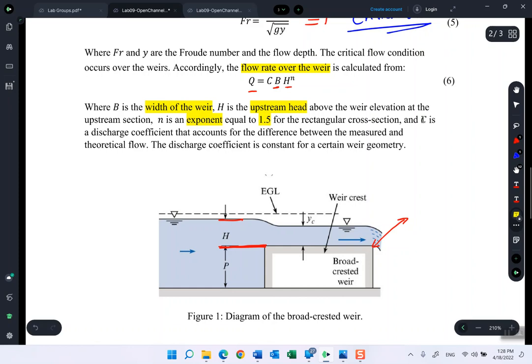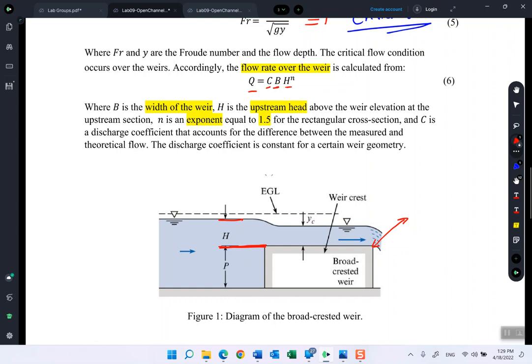But actually we left the C parameter. But it's not something new. You already faced this parameter before in lab number 5, if you remember. If you remember the discharge coefficients that we had to calculate for the different discharge meters, that accounts for the difference between the actual and the theoretical or the calculated flow. Do you remember this?